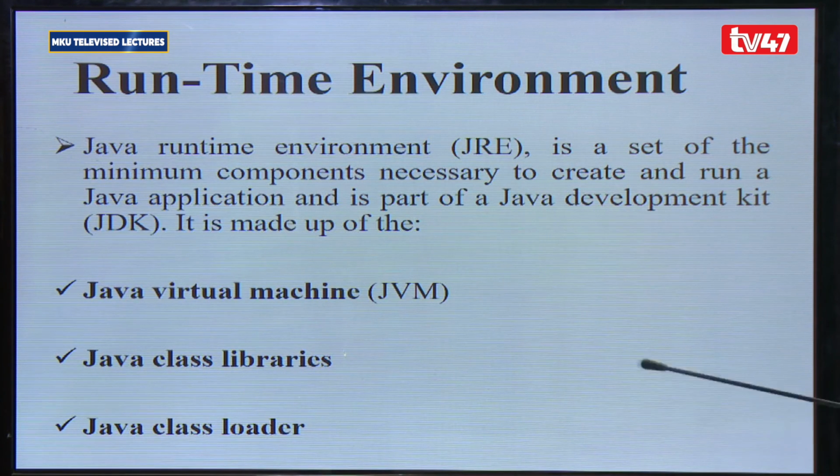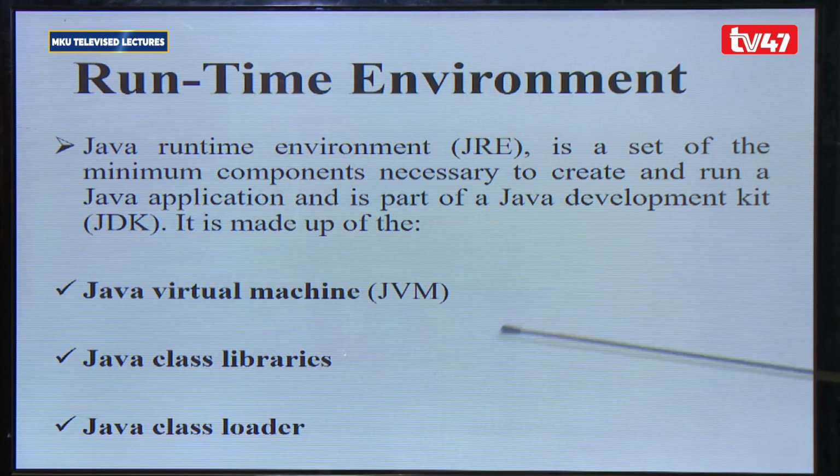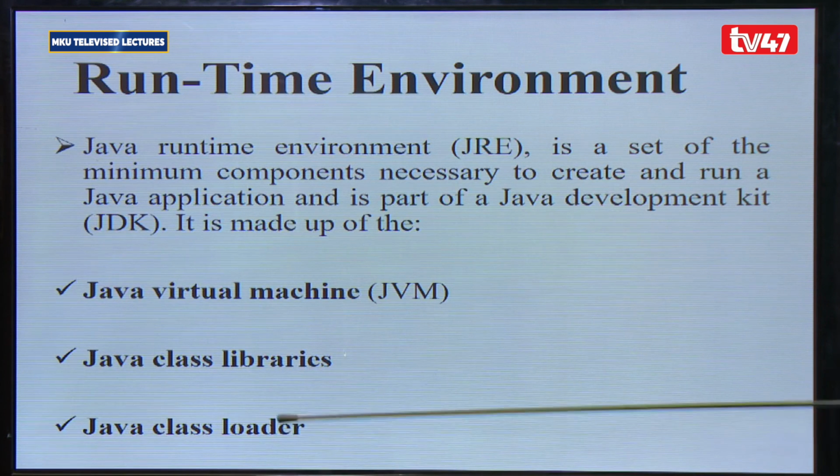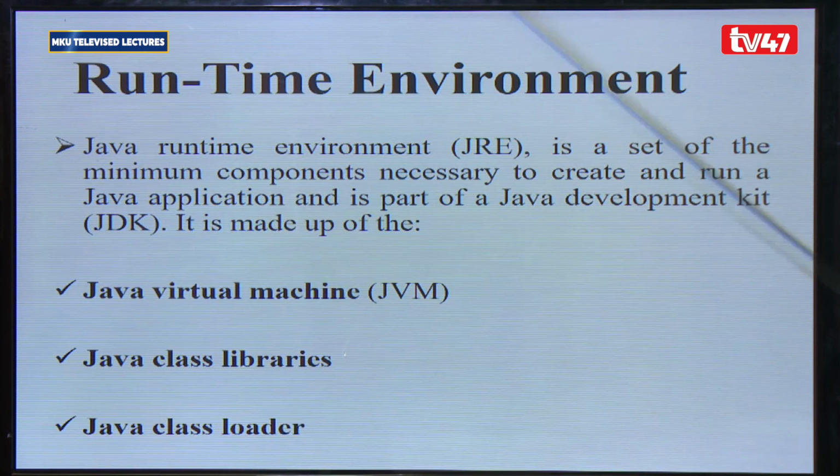Remember, JDK is similar to the software development kit. This is the environment that you'll be living in as a developer. And this kit has the Java virtual machine, Java class libraries, and Java class loader.